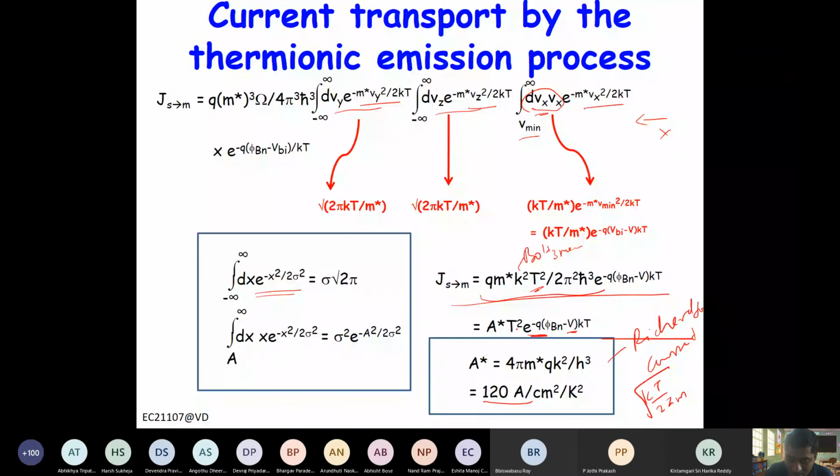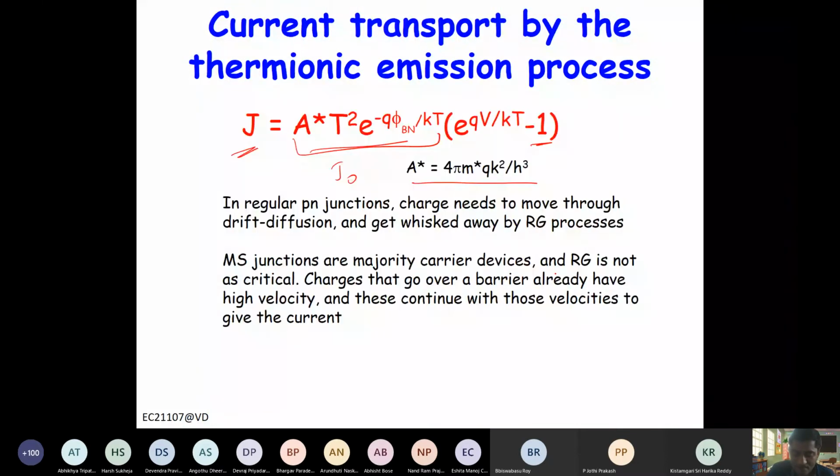The expression we derived was from semiconductor to metal carrier flow, right? It is the overall current. So we have just subtracted 1 here. Now this J naught basically can be written as 4 pi m q k square by h cube times T square, right?